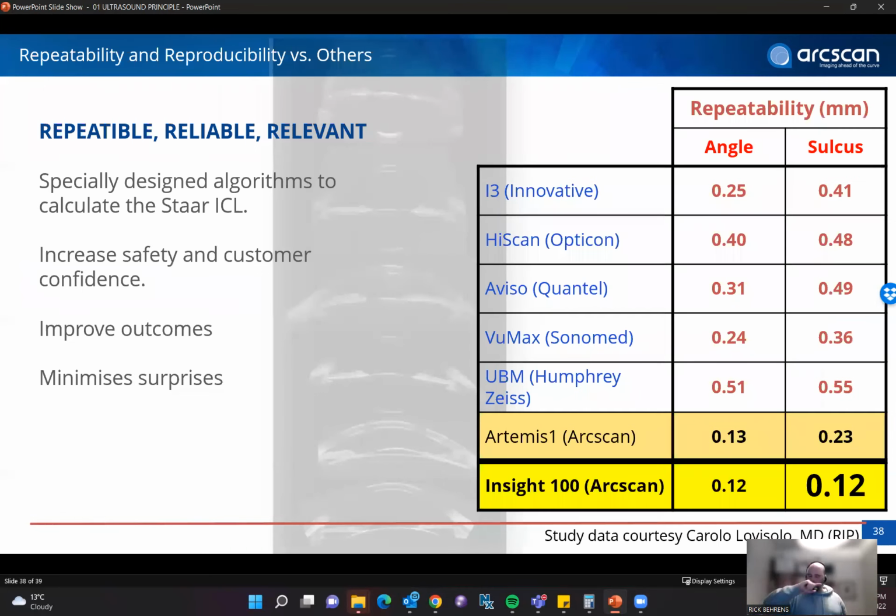Now, when people talk about reliability and repeatability, give me 1 second, I'm sure you've seen this before, but just in case. There you go. When we talk about the angle and the sulcus repeatability, the other guys just sucked at it, because they are depending on a technician. We own the technician. It's called the motors.